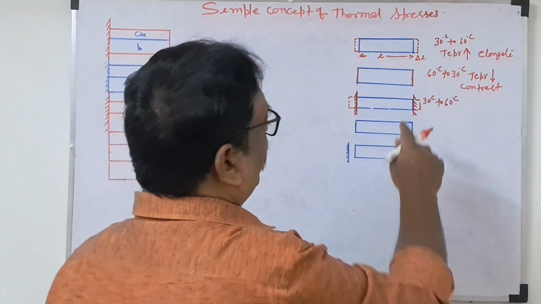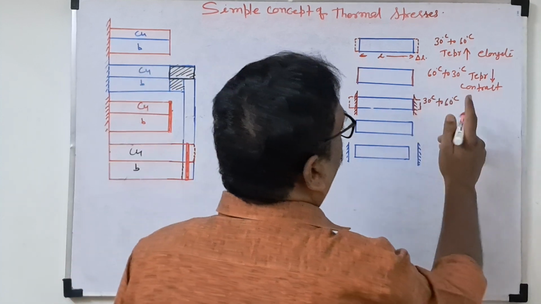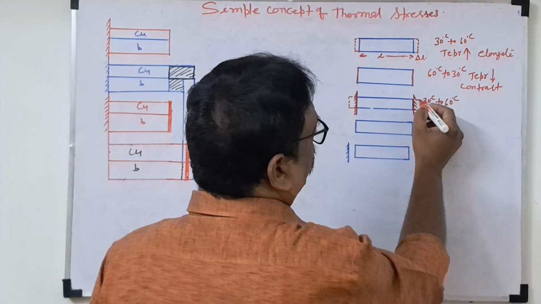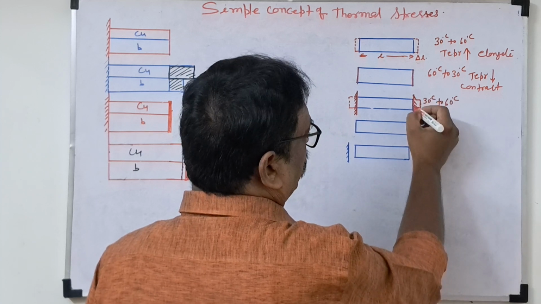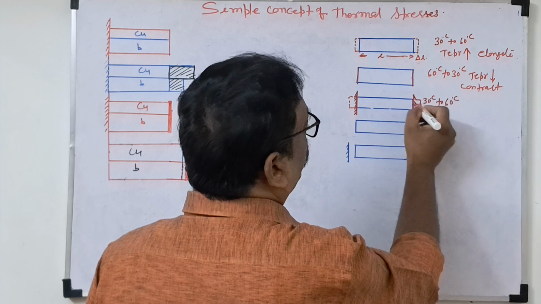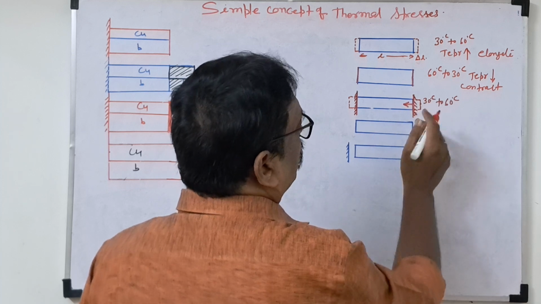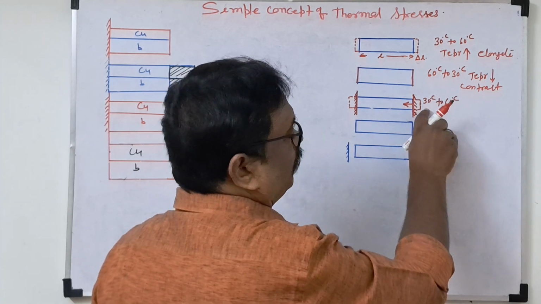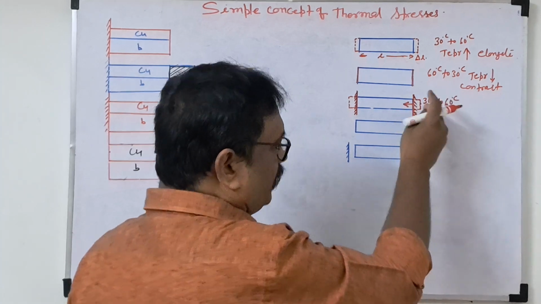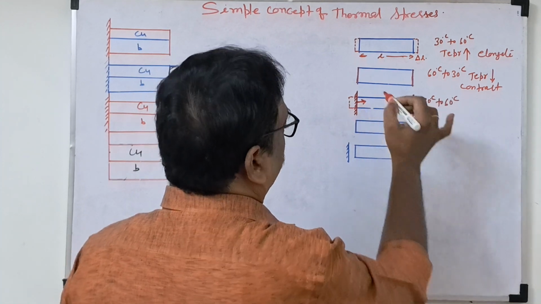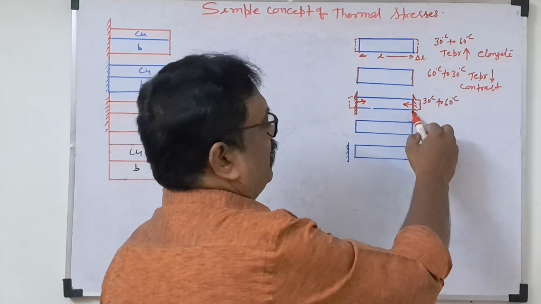But due to the yielding of the ends, what will they do? The body wants to elongate up to there, but due to this yielding, due to the fixed end, they want to bring it back inside. They will not allow it to cross this yielding point. So they will ask it to come inside.